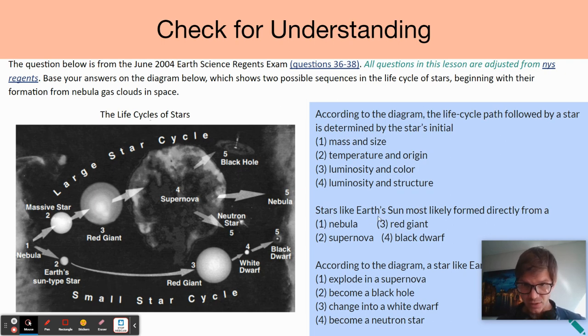Number 2, stars like Earth's sun most likely formed directly from a what? Let's make sure that we're using the diagram here, and a key word is directly. Here, Earth's sun type star formed directly from a nebula. Another space quote is that we're all stardust, and that's because when a supernova occurs, it's going to expel all of its gas and dust into space.